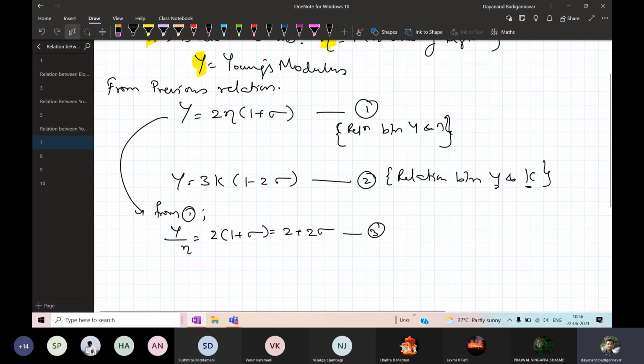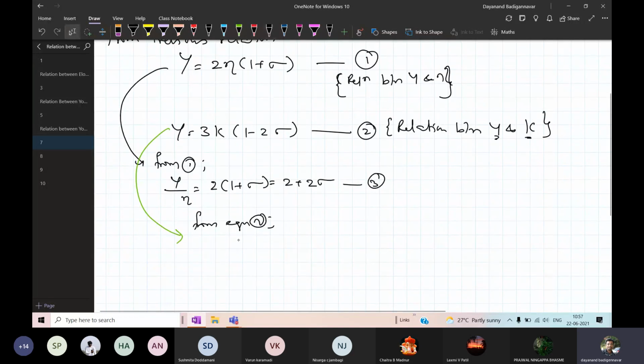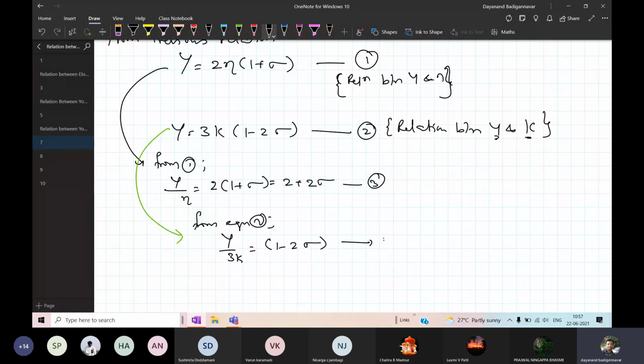Similarly, from equation number 2 I can rearrange and write Y by 3K is equal to 1 minus 2 sigma. This is equation number 4.